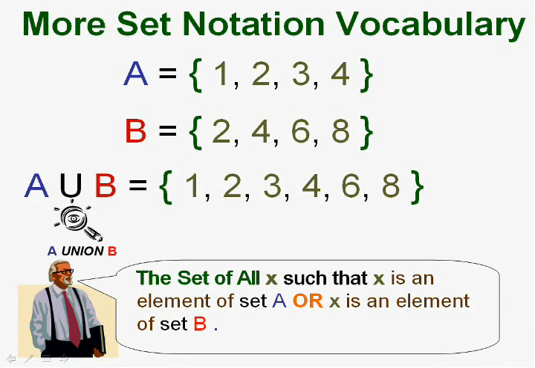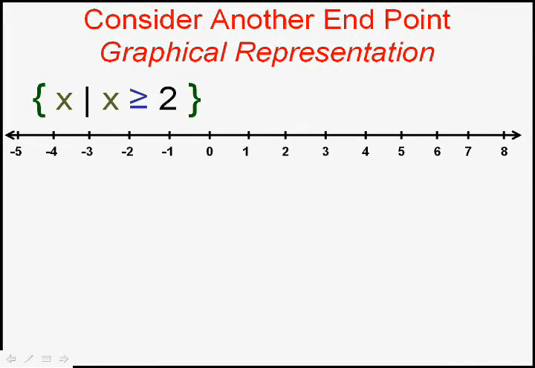Now up to this point, we graphed something like this set, all the X such that X is greater than or equal to 2, with a picture like that. We put a filled in circle on 2, didn't we? And we went to the right because X was greater.